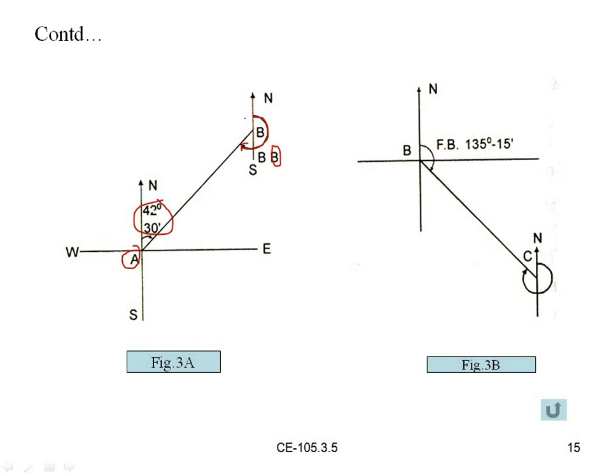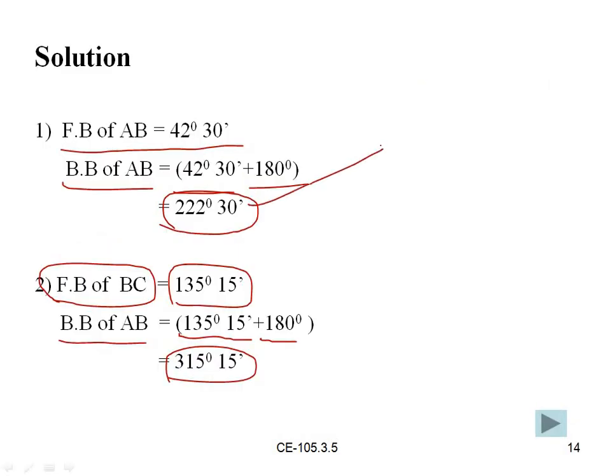So that will be 42 degrees 30 minutes plus 180 degrees. We will get the angle up to here only. So the remaining angle, suppose you think 180 degrees.